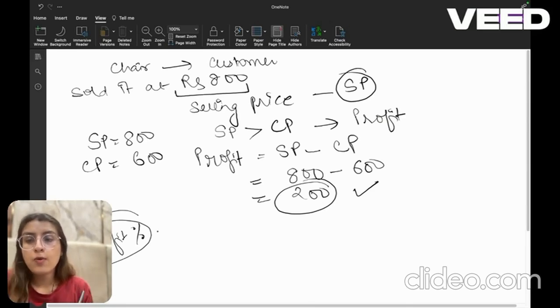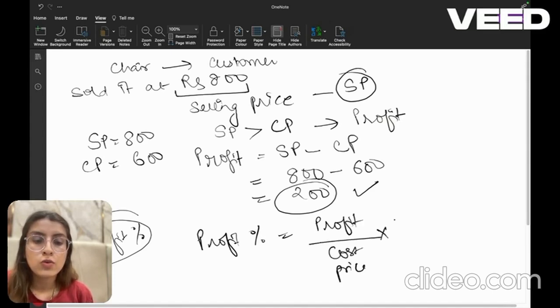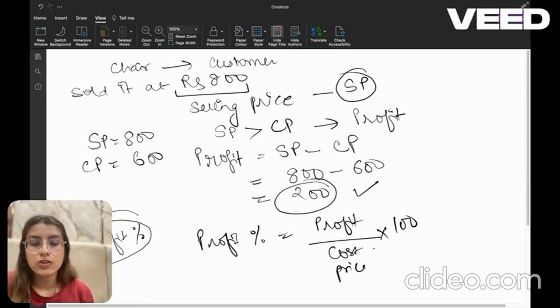Now, this formula is similar to the formula of percentage increase. What is the formula of profit percent? That is profit upon cost price into 100. Again, this fraction has to be multiplied by 100 in order to get the percentage, right? The denominator will always be the cost price, because we have to calculate profit in reference to the cost price.